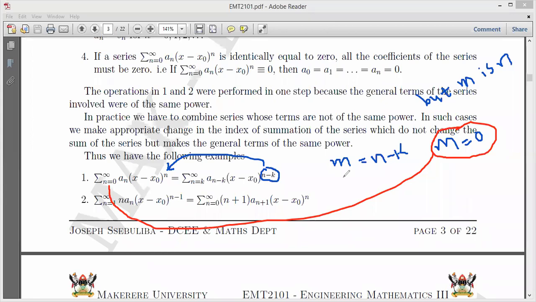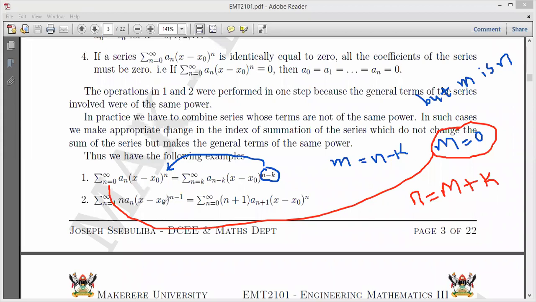So remember we are trying to make n the subject. So if you make n the subject here, what is n? n will be equal to m plus k. This is what you have.